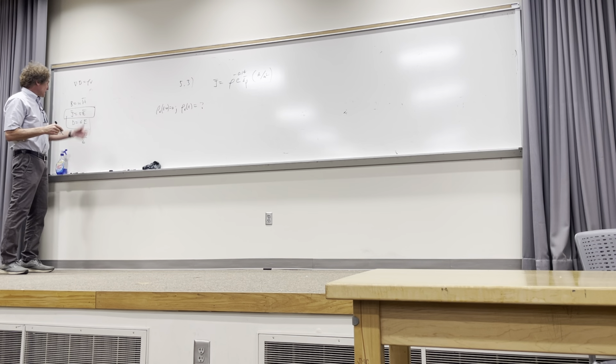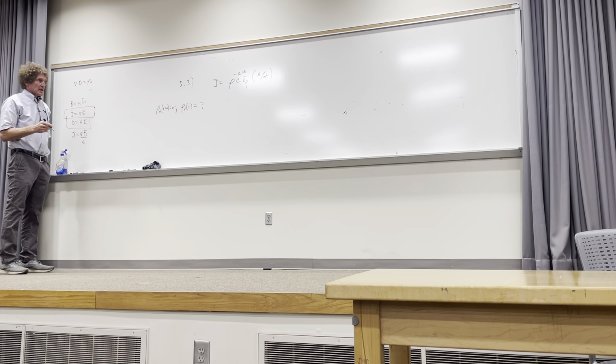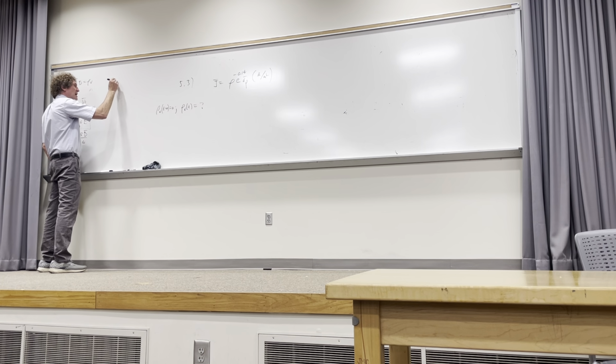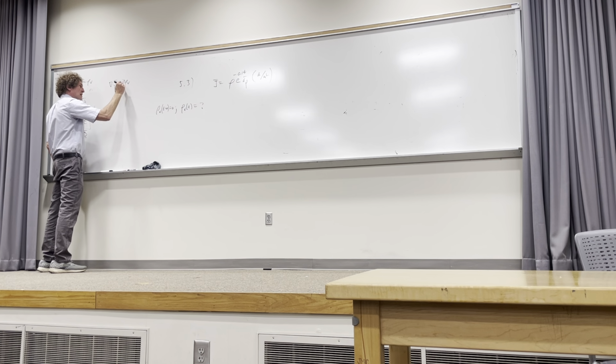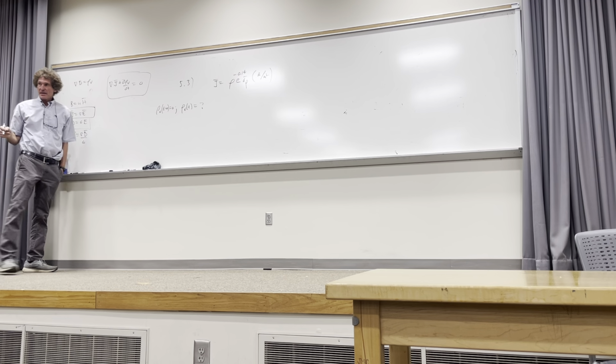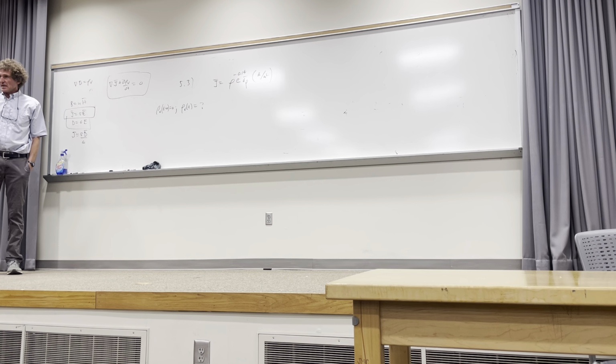Remember how I had divergence of J plus d rho v dt equals 0? That came from the curl of H equation: taking the divergence of a curl is 0, you get divergence of J plus d rho v dt. That's the continuity equation, remember that.